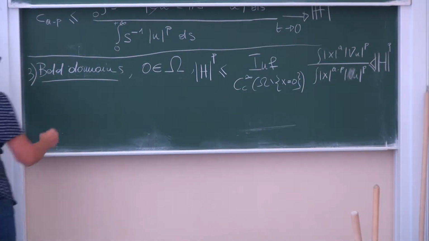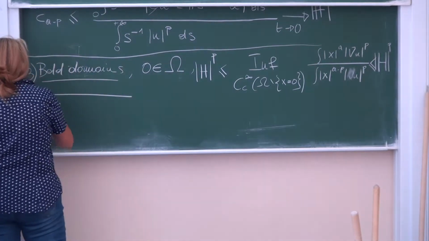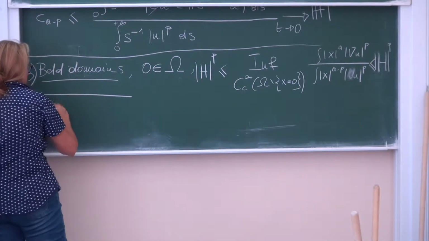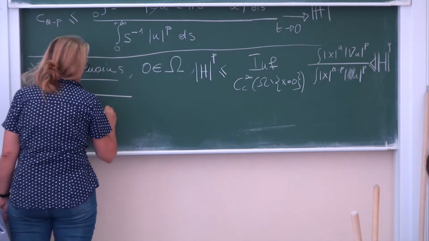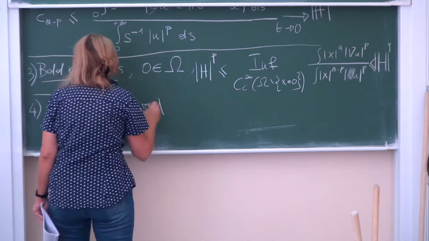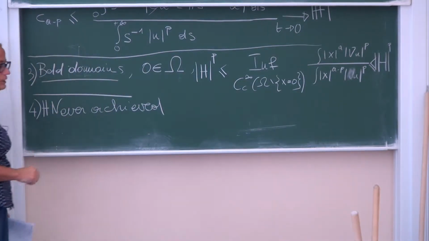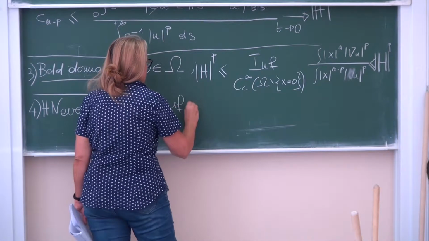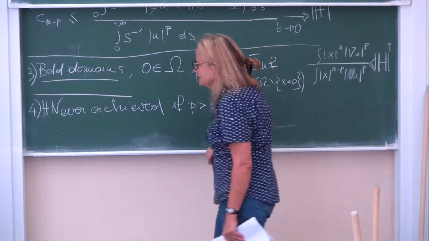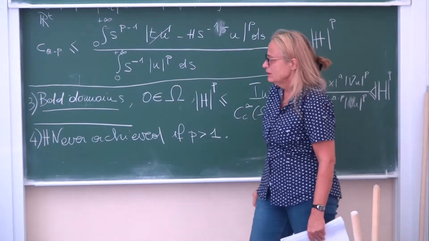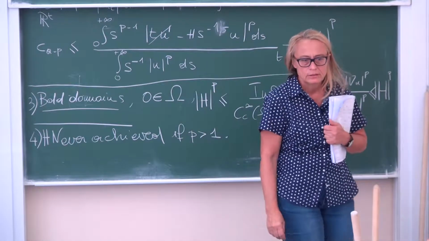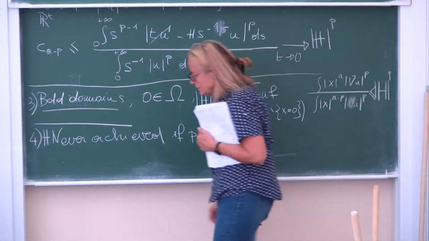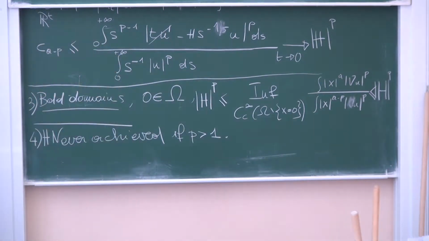Now, for remark, this should be written before, never achieved. The constant H is never achieved in a very strong sense if P is greater than 1. I mean, there is no reasonable energy space in which you can find a function U, say with this finite, and such that this ratio is the best constant.